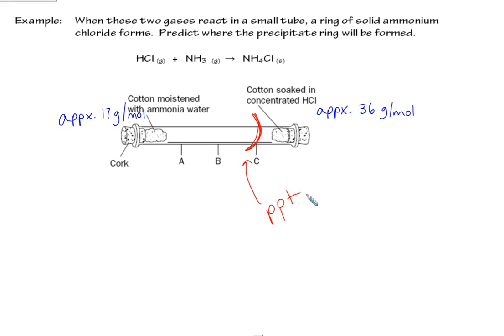The ammonia molecules are going to travel faster, so they're going to meet up with the HCl molecules closer to that end of the tube. And then I'd see a white precipitate. So again, often these are just used qualitatively to compare rates of moving gas particles, rates of effusion or diffusion. And if we're talking about how fast particular particles would move, we do take their mass into consideration.